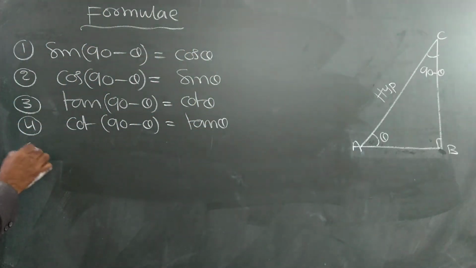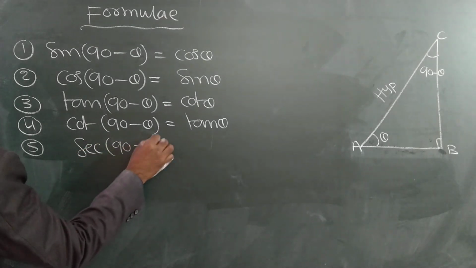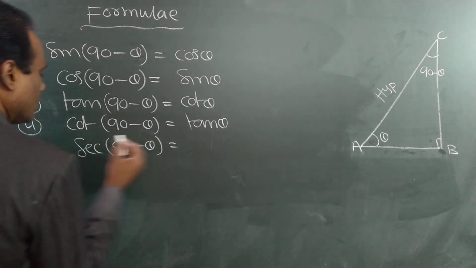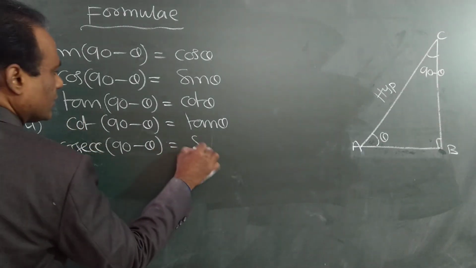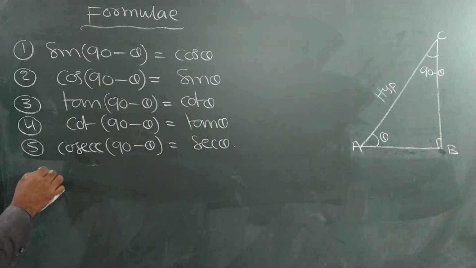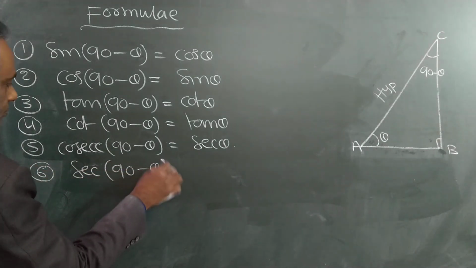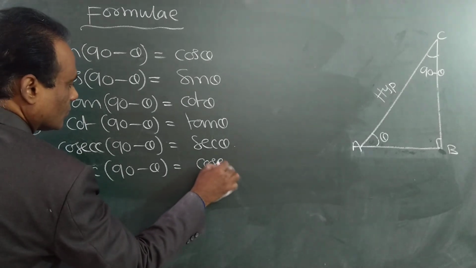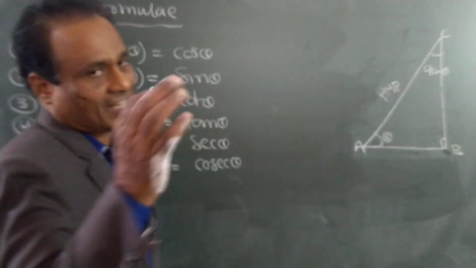Next, cosecant changes to secant. Same way, secant changes to cosecant. These are the 6 formulas you have to remember, the new formulas for the third exercise.